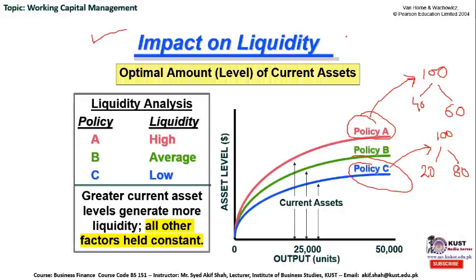The faster the conversion, the fewer the days required to convert a particular asset into cash, we will assume that the company has a high level of liquidity, because the assets of the company can be converted into cash in a faster period of time and near to the original amount. So in that case, the company's liquidity will be considered high.